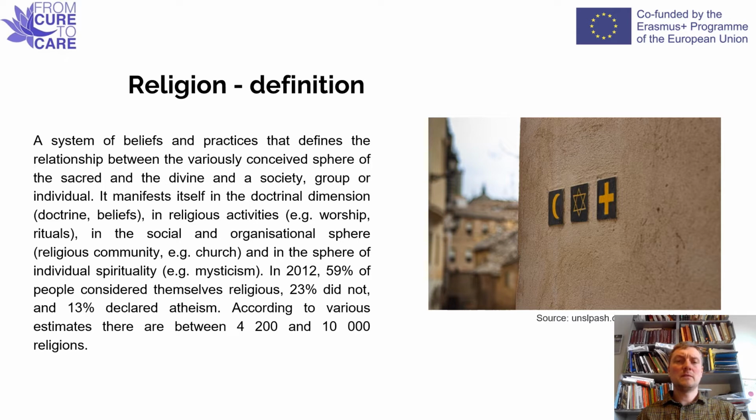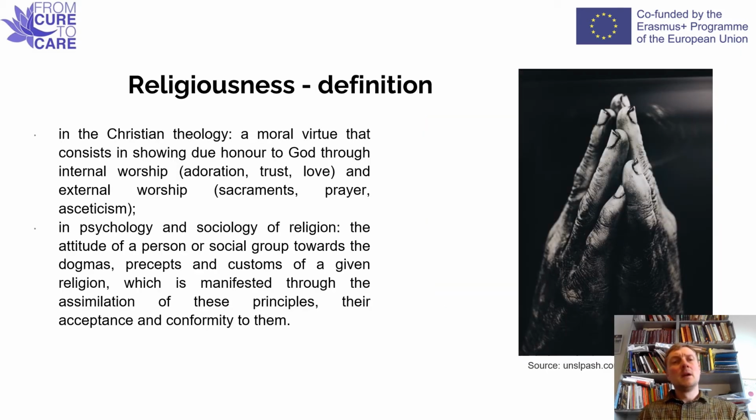According to various estimates, there are between 4 and 10,000 religions worldwide. I also focus your attention on the non-affiliated, non-believers, which will also be an important part of our lectures.